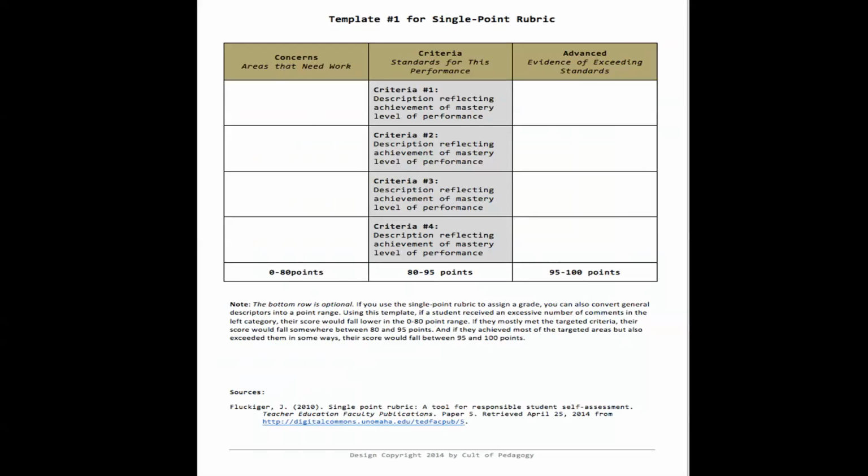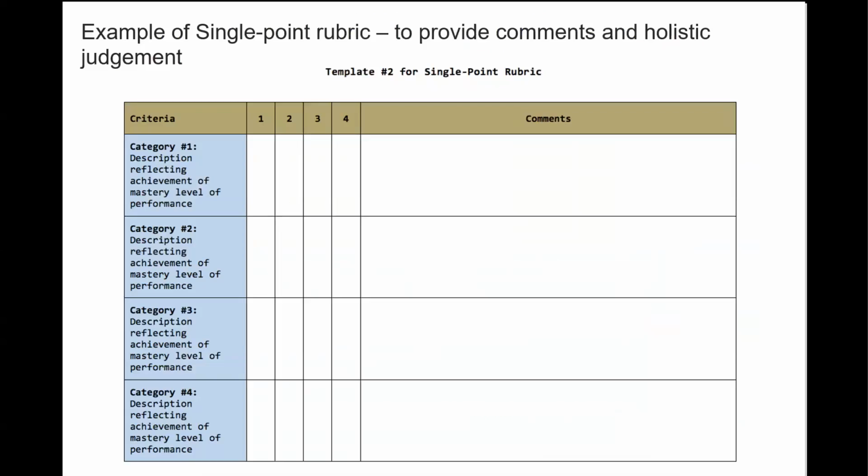So you do have the standard, you've got the criteria, but you also need to provide the generic overview of what needs to be done. So this will be the single point rubric.